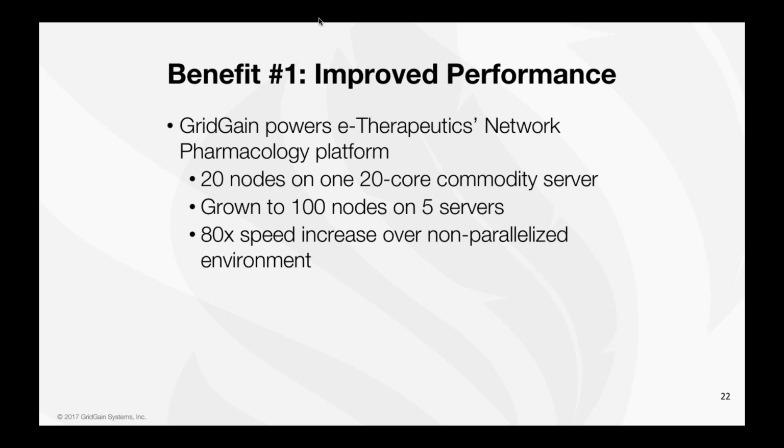And that gives them considerable benefits in terms of getting results back faster, and that allows them to target areas for future research much faster. It enables them to use the other resources that they have, both in terms of people and money and time, more effectively and more efficiently.